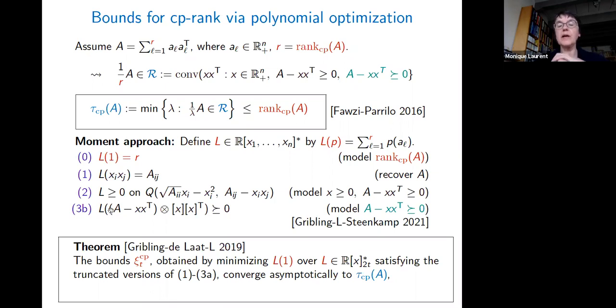In this way, you get a hierarchy of parameters. Each of them can be computed via semidefinite programming. This hierarchy converges asymptotically to this convex parameter tau CP of A, and under flatness, it converges in finitely many steps.